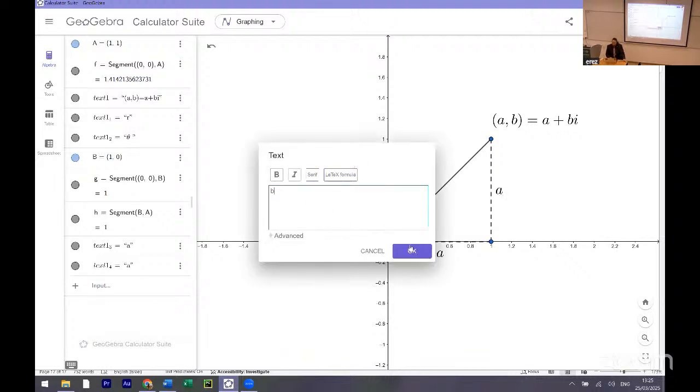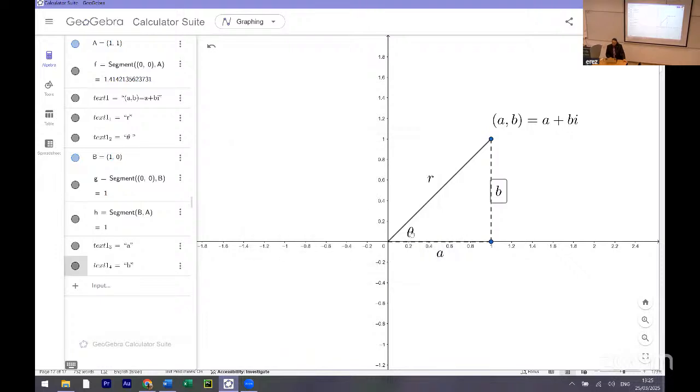And now a bit of trigonometry. SOHCAHTOA, do you know SOHCAHTOA, right?